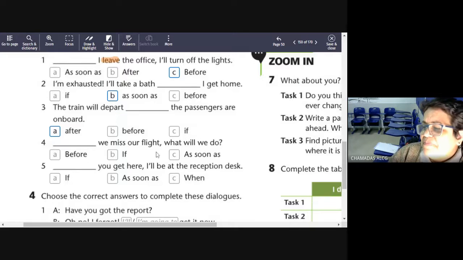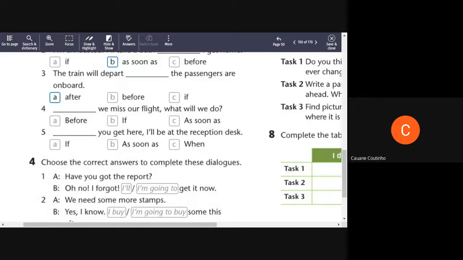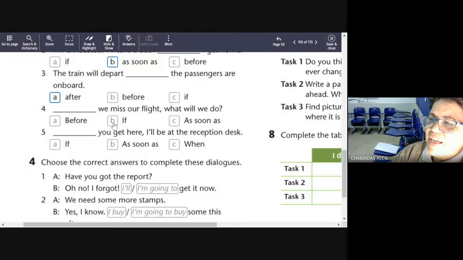So number 4, we miss our flight. What will we do? So this is like a conditional. If. Great. Yes, it makes more sense. If we miss our flight, what will we do? Number 5.